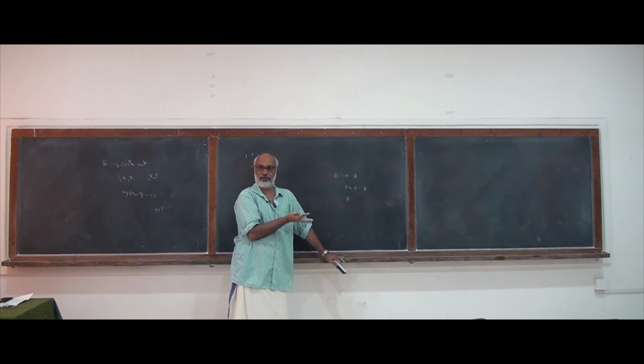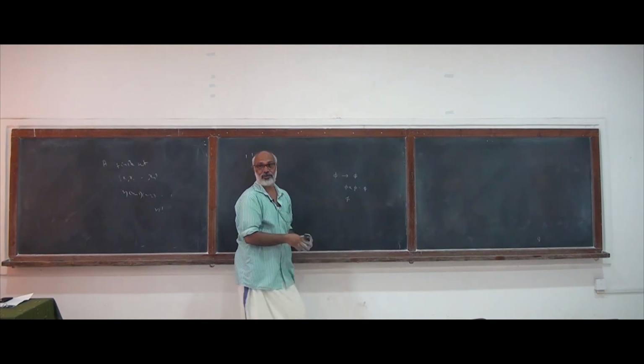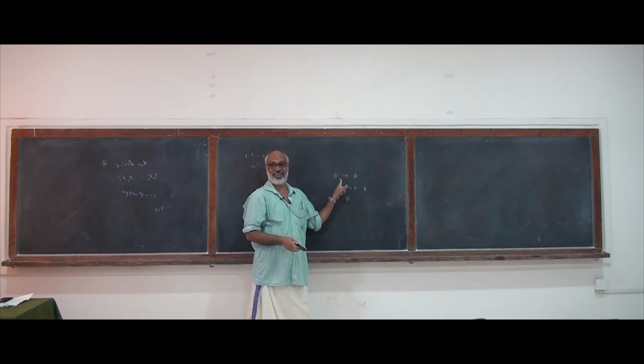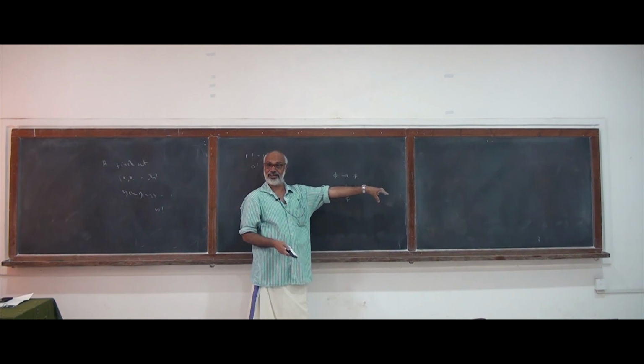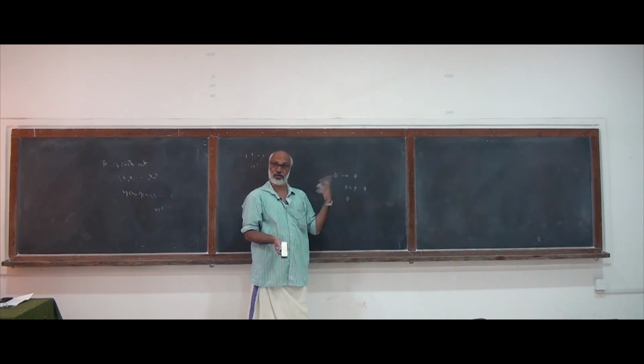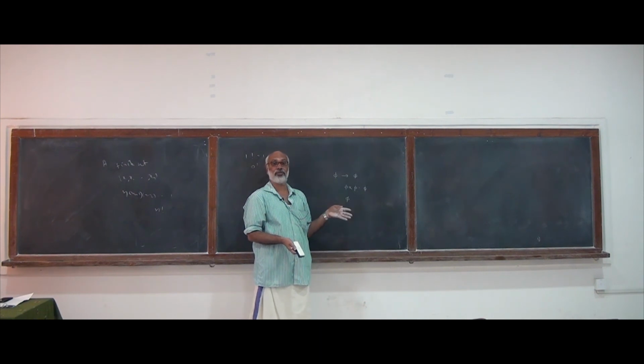In fact, that is a one-one function. You cannot prove that it is not one-one, because to prove that, you have to show two elements in the empty set which are mapped to the same element. That is impossible. So you cannot prove that it is not one-one, therefore it is one-one. You also cannot prove that it is not onto.